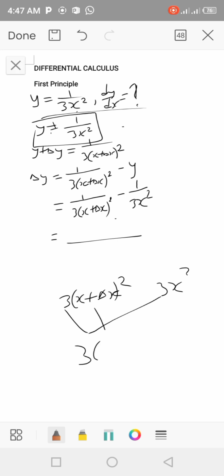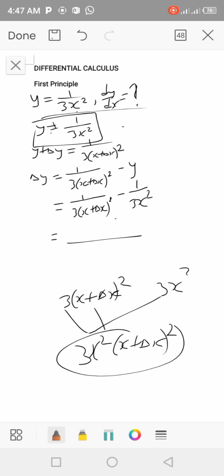So we have x squared that is here, and (x plus Δx) squared. So this is the LCD. So our LCD is 3x squared into (x plus Δx) raised to power 2.